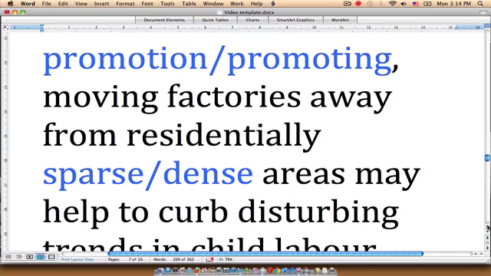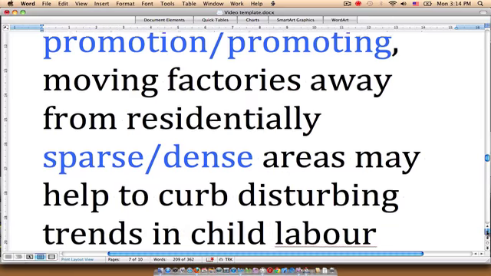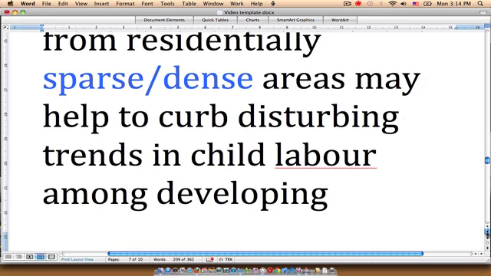Okay, I'm sorry, I didn't realize I had put two questions in here, but this would be an extra challenge, I suppose. In addition to health promoting, moving factories away from residentially dense areas may help to curb disturbing trends in labor among developing countries.